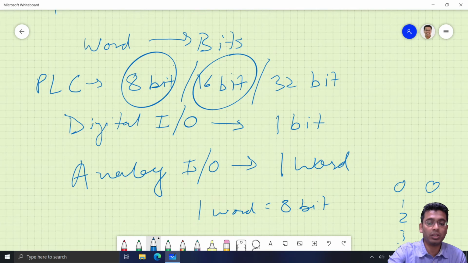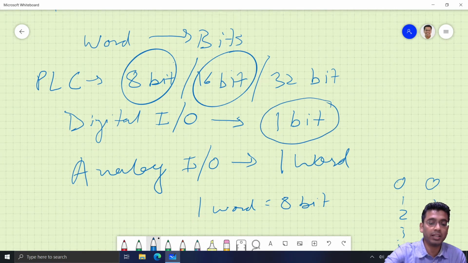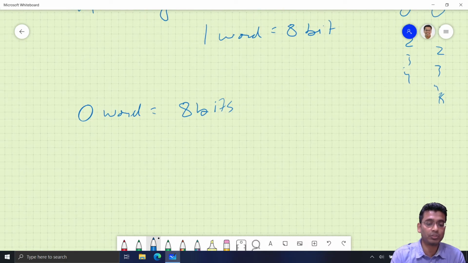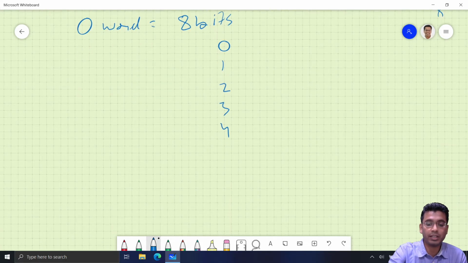Since the memory required for one digital input or output is 1 bit, you can connect 8, with bits 0, 1, 2, 3, 4, and then 5, 6, and 7.